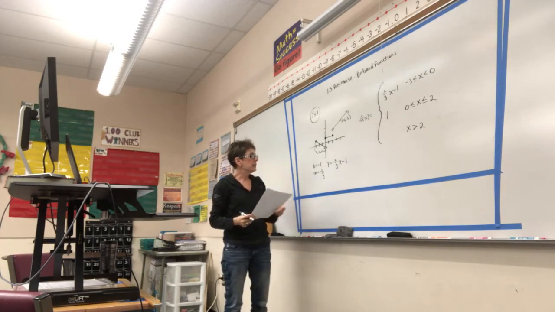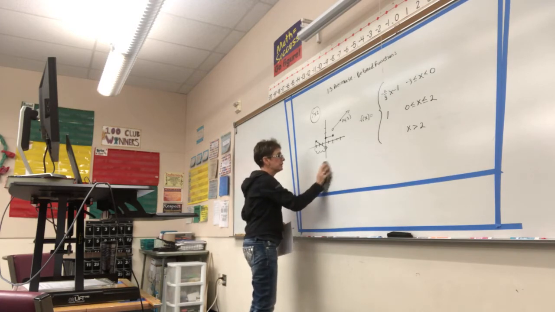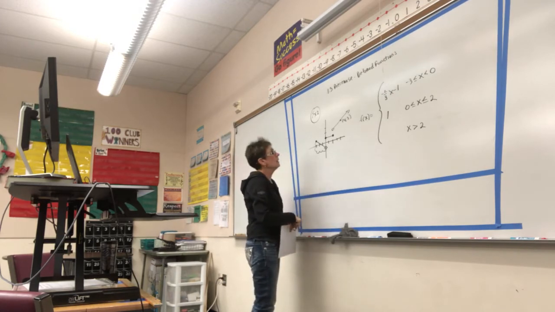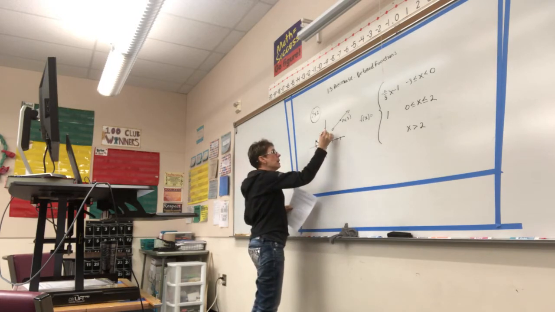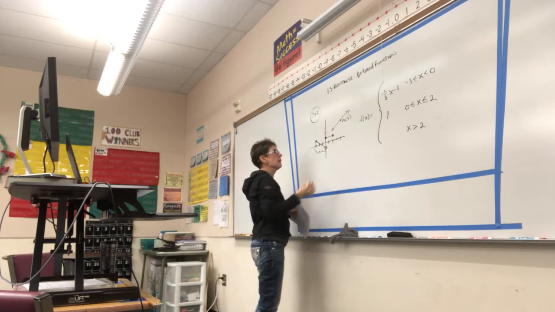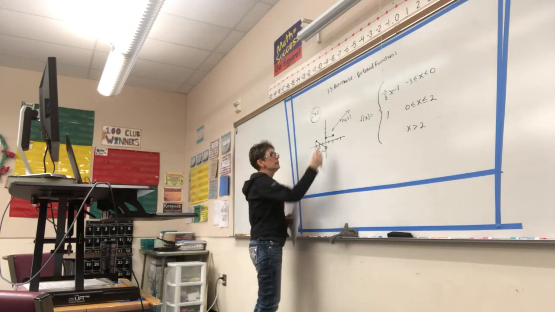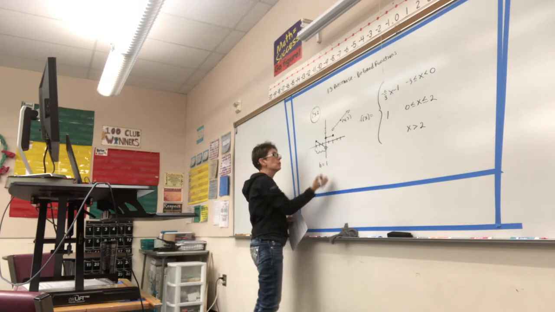Now let's see if we can figure out what is the equation of the line when x is bigger than 2. I can see if I go back here, if I go, instead of up 1 over 2, if I go down 1 and back 2, I can see that this line would hit the y-axis at 1. So this line right here has a y-intercept, or b, of 1.